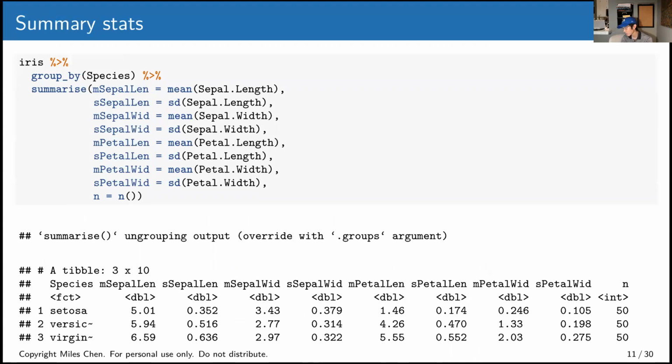Just to look at some summary statistics, I used dplyr, and I wanted the mean and standard deviation of all 4 of those variables: mean sepal length, standard deviation of sepal length, mean sepal width, standard deviation of sepal width, and so on. And I want it split out by each species, so we group by species. And so I get 24 of these summary statistics.